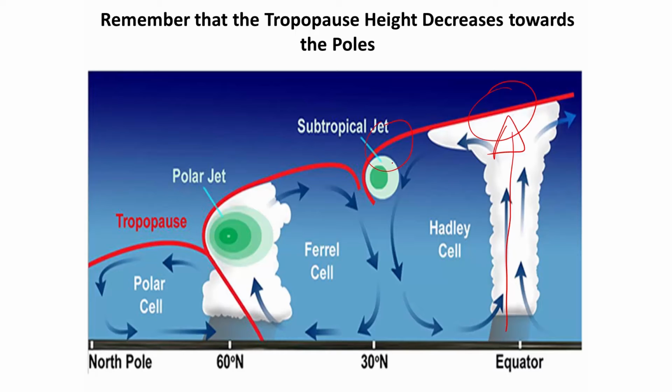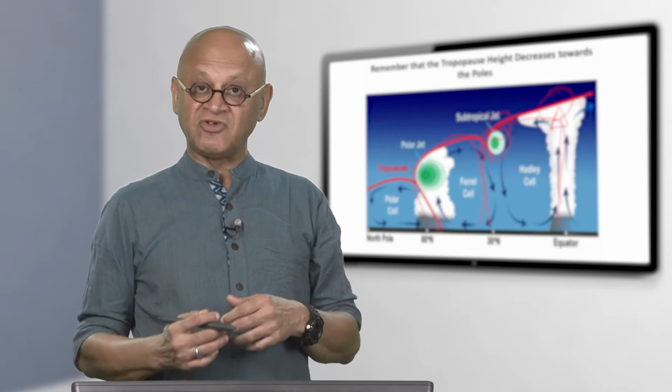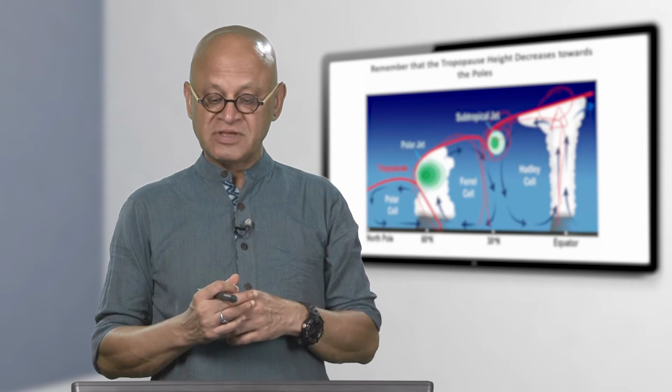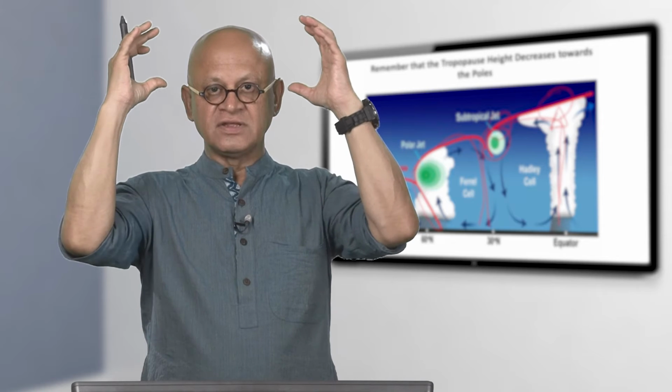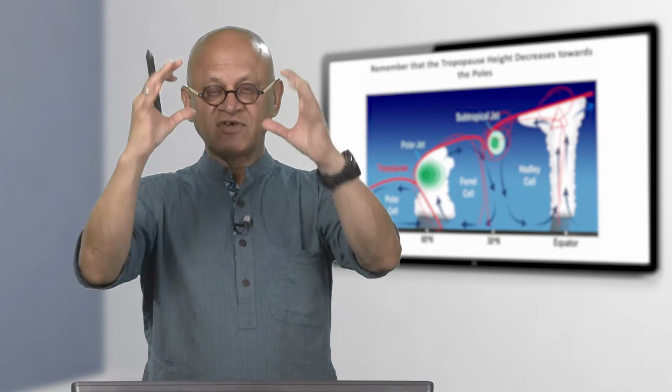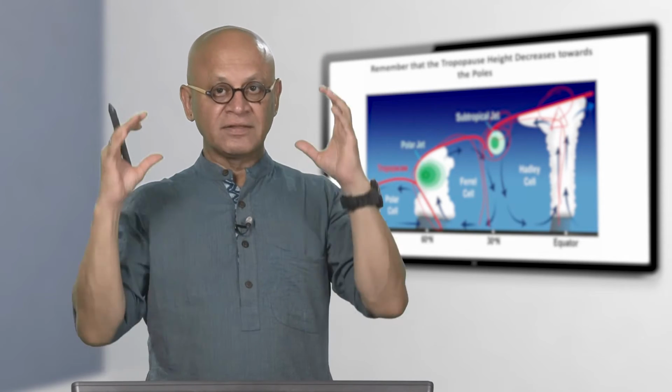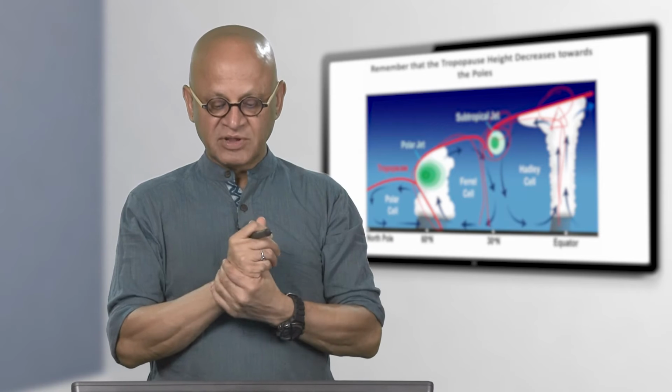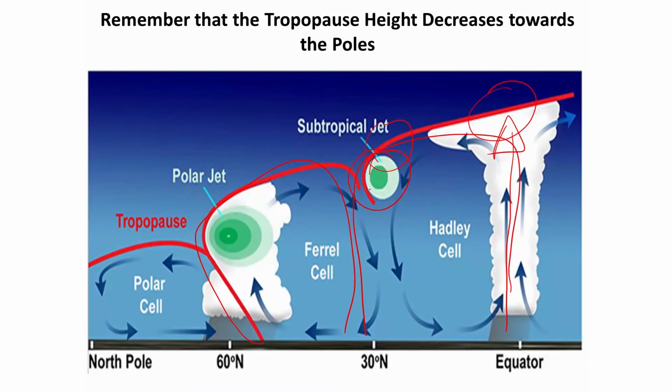So, because of various dynamic reasons, where the Hadley cell meets the so-called Ferrel cell, you get a jet stream. I think you know what a jet stream is. It is a very fast concentrated river of air that is moving at 30, 40, 60 miles per hour, and there is one in the subtropics, and there is one much more powerful in the polar latitudes called the polar jet.